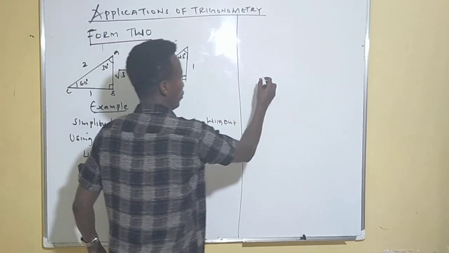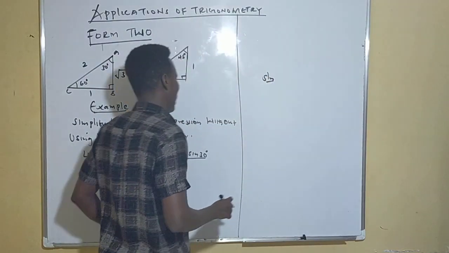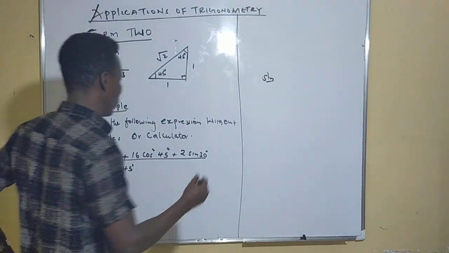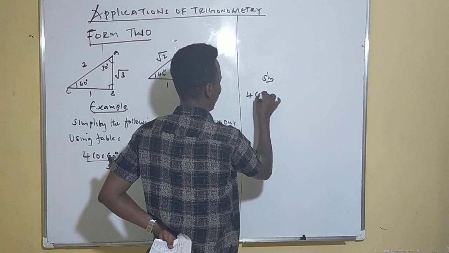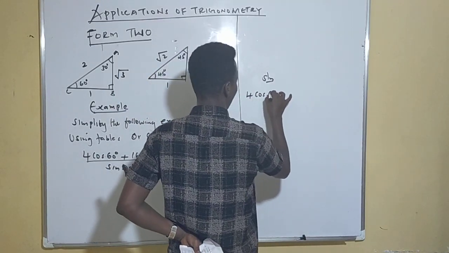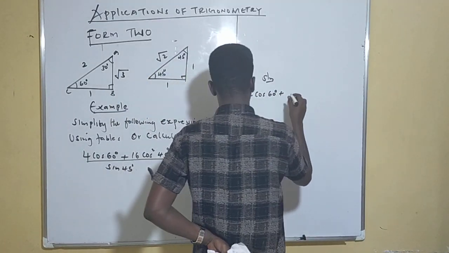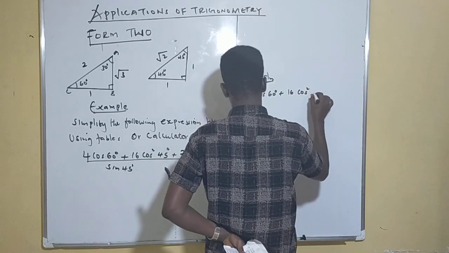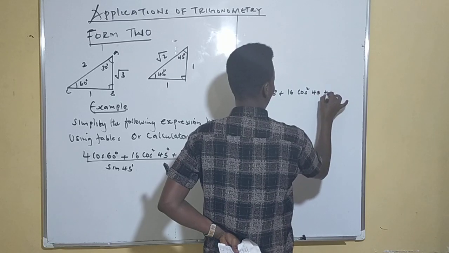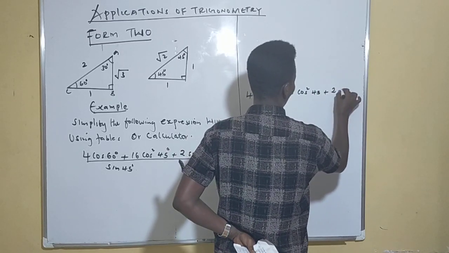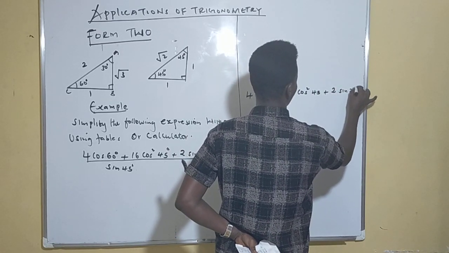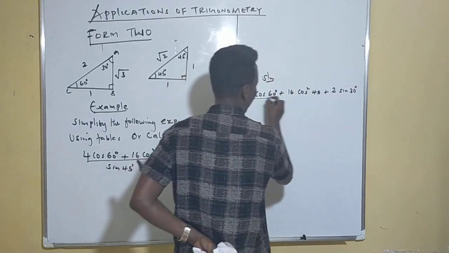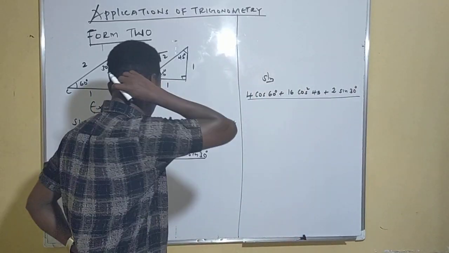Let me come to the solution. Let me write the question first. I have 4 cos 60 degrees plus 16 cos squared 45 degrees plus 2 sin 30, divided by sine 45.